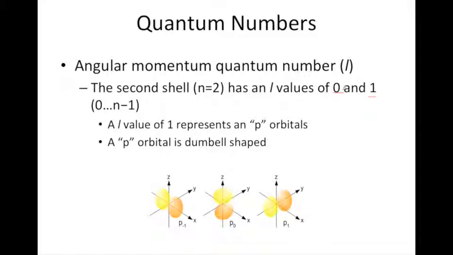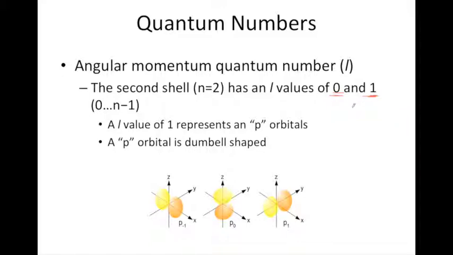What does that mean physically? Well, that means we have 2 subshells, which means we have 2 different types of orbitals in the second shell. We have S orbitals and we have P orbitals in the second shell. So the first shell has only S orbitals, or an S orbital. The second shell has an S orbital and P orbitals, P-shaped orbitals.